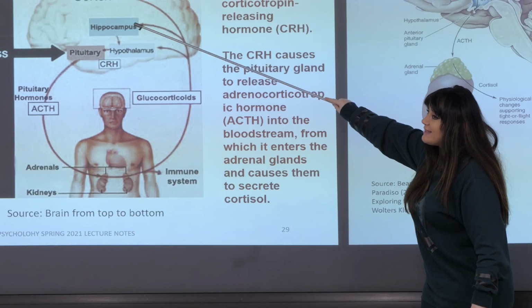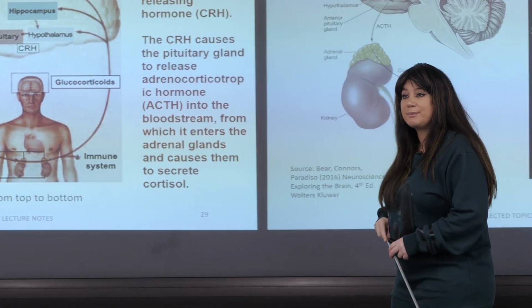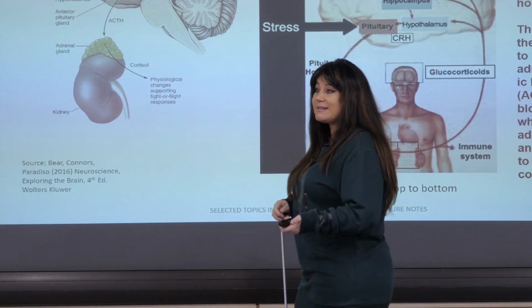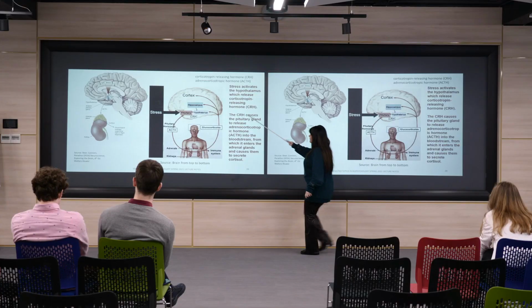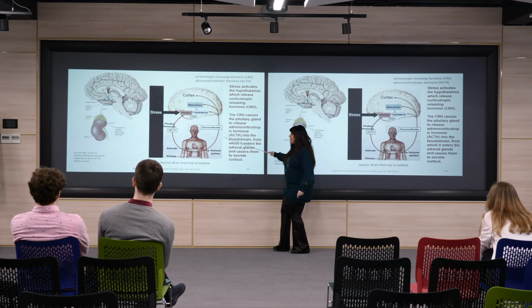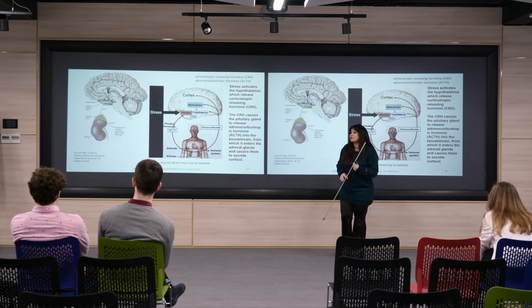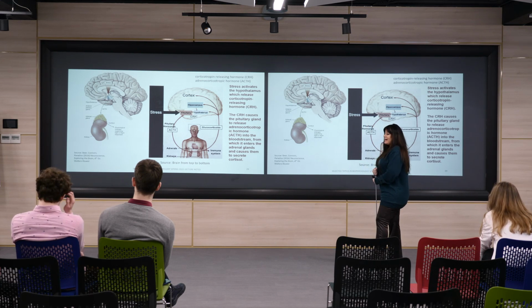But if this is not sensitive enough to the negative feedback, which could be the case for some people for different reasons, what are those reasons? Genetics, environment again. Then this feedback loop doesn't work, and there is an overactivity of the stress response, which is not a normal response. That could happen because of many reasons.